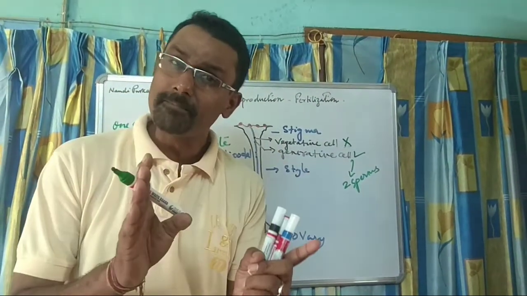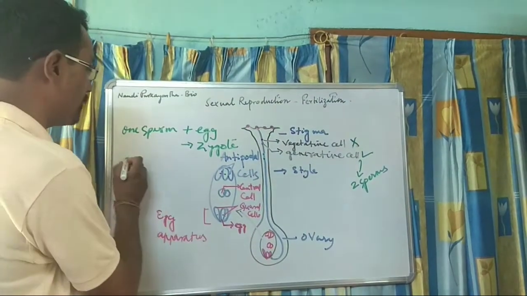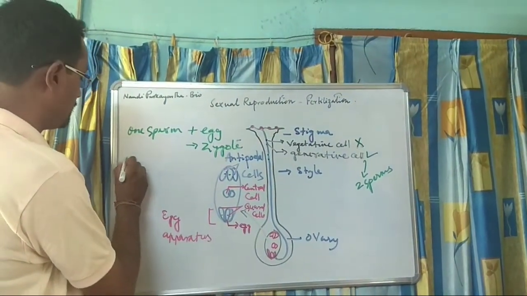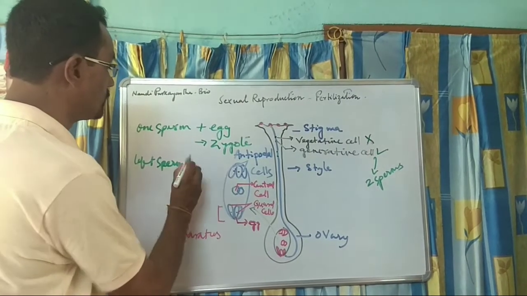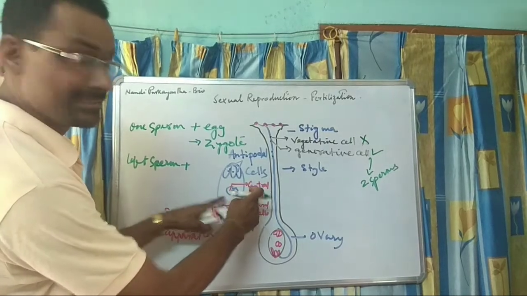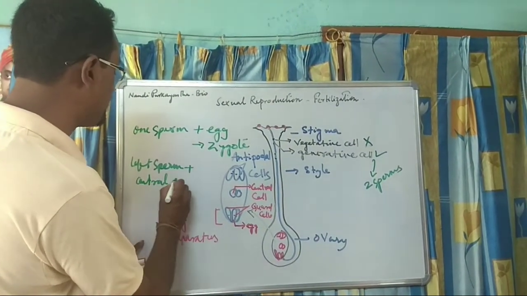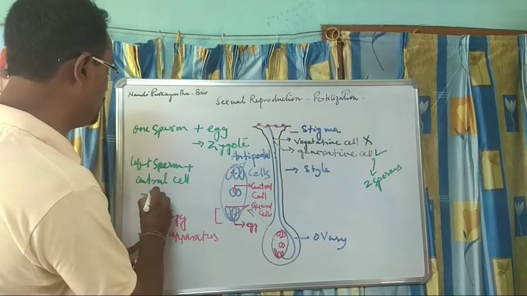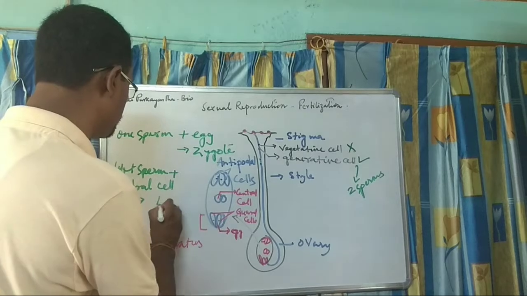Now there is another sperm. What will happen to that sperm? The left sperm will unite with the central cell. The central cell will lead to the formation of endosperm.